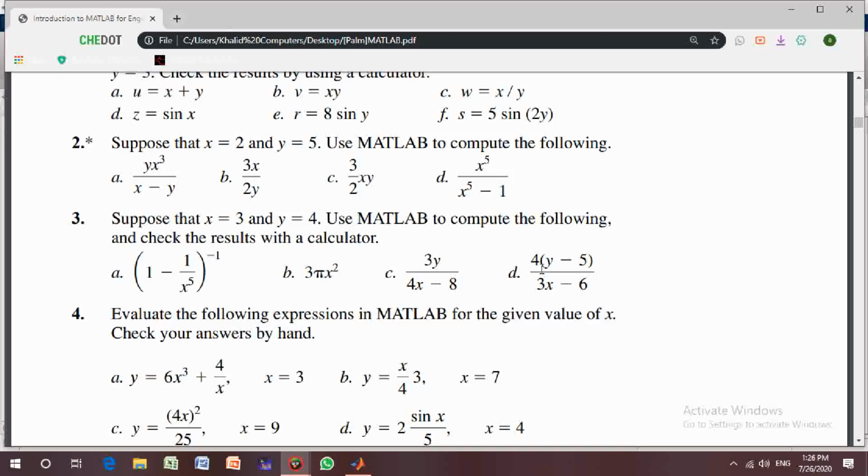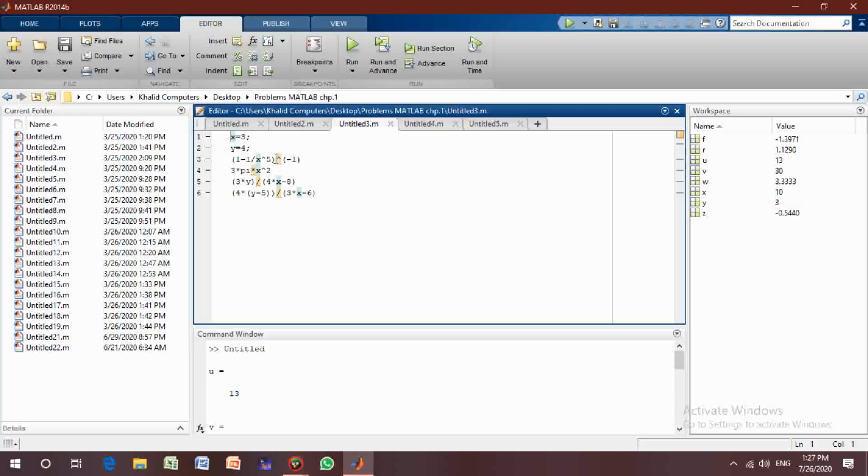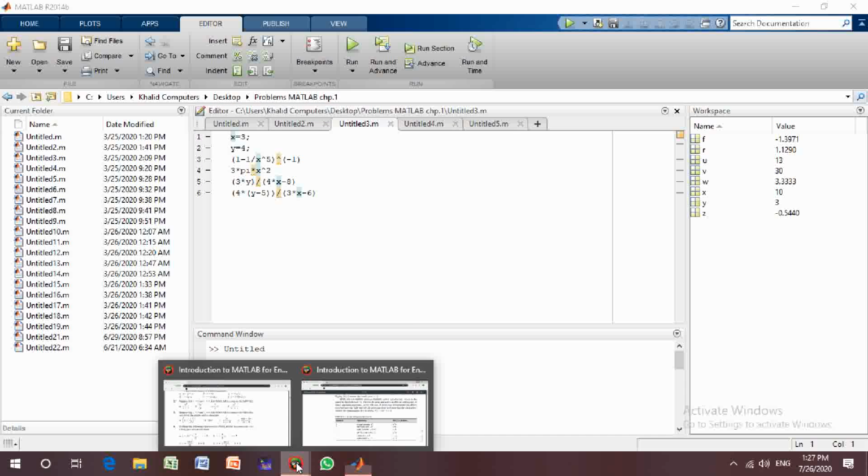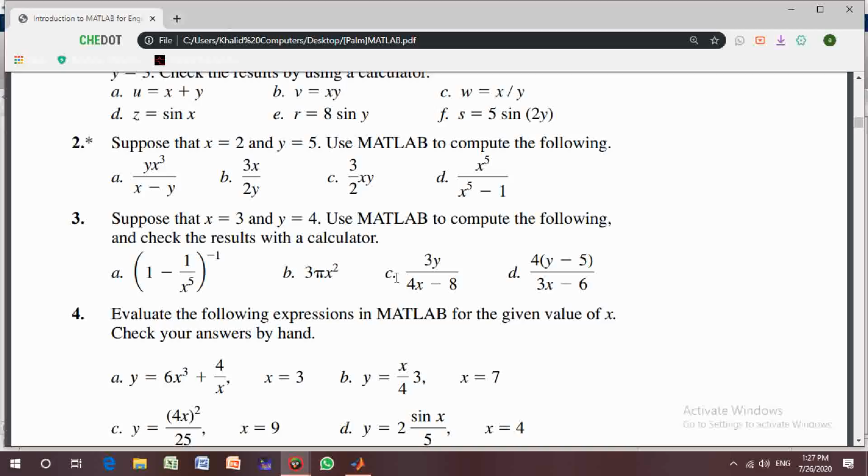And these are fractions. 3y over 4x minus 8. Its code is this. Also its code.